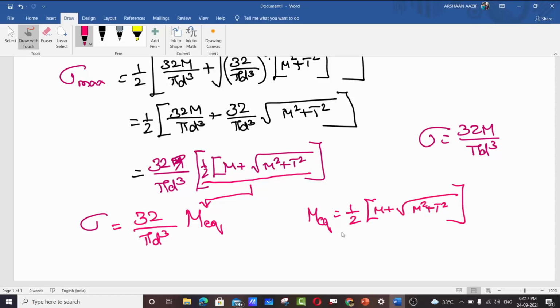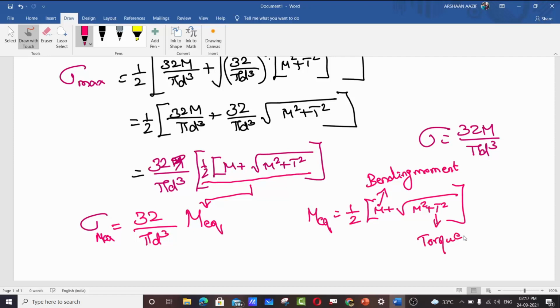Now if you go back to the condition, instead of having a complicated equation and deriving this, we have simplified the equation here. This is my maximum bending stress. So this m is my bending moment and my t is the torque, which I could directly find using the given condition.